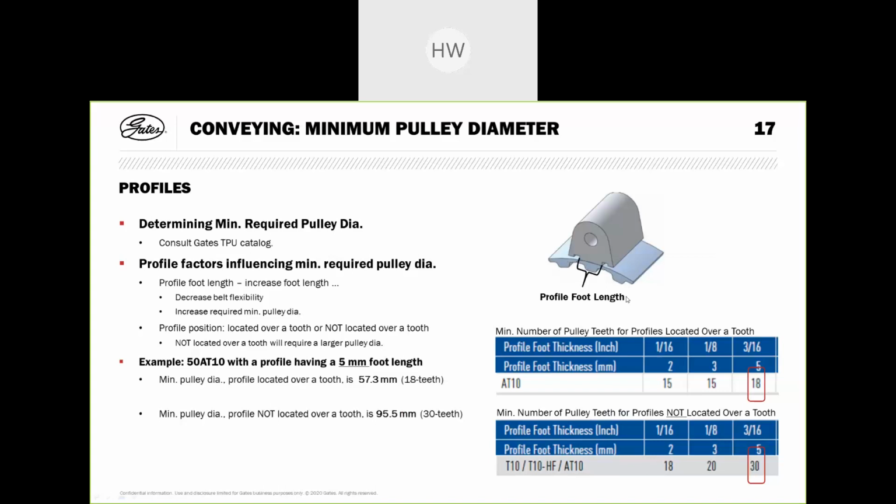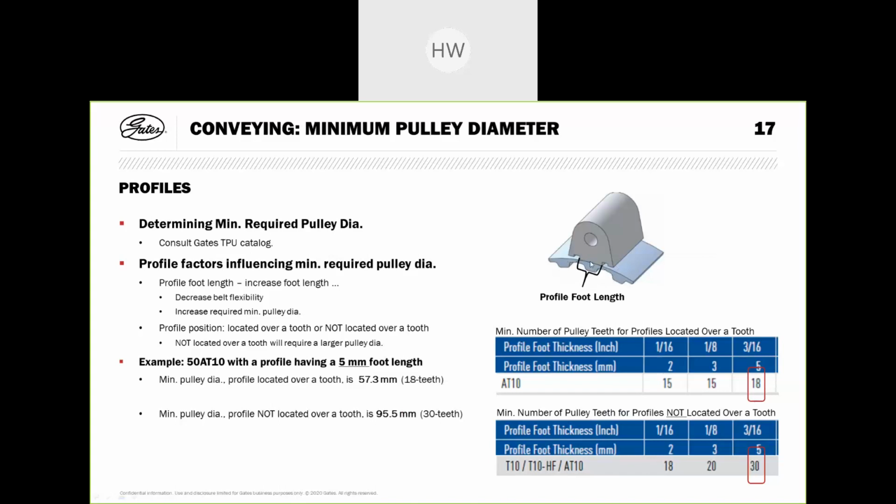We also have indicators here in our catalog, and here is an example, an AT10 belt with a foot thickness of 5 millimeters. This is the foot thickness or the foot length. That requires 18 teeth when the profile is located over a tooth.